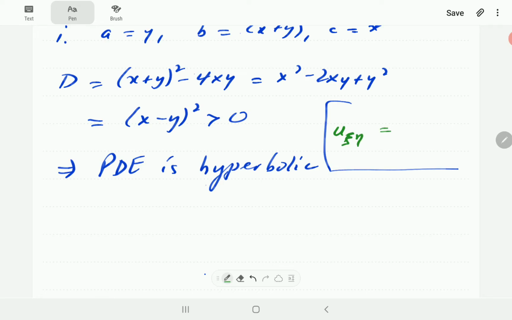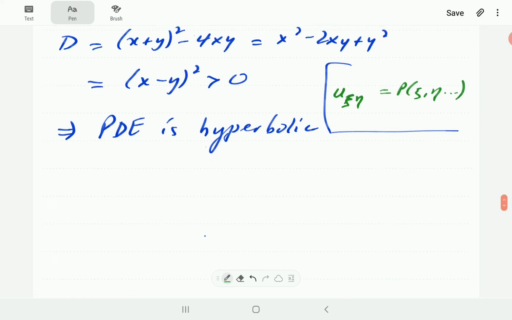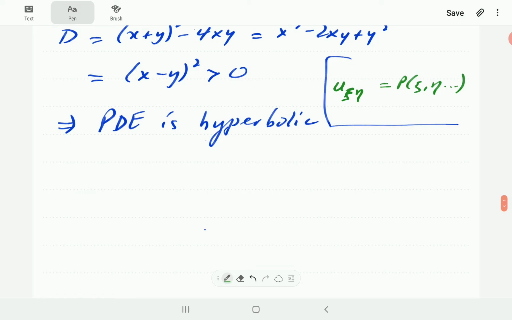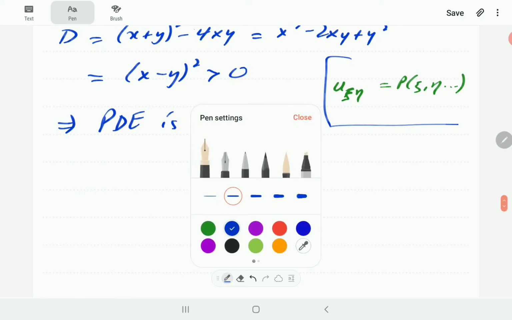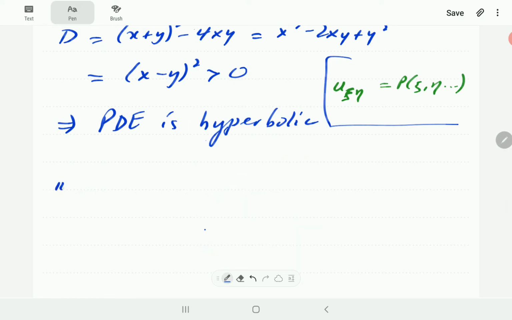Like this one, we expect that when we reduce it to canonical form, then only the u xi eta term is going to remain in the second order derivative terms. All the other two second order derivative terms, we expect them to cancel out if everything has been done correctly.